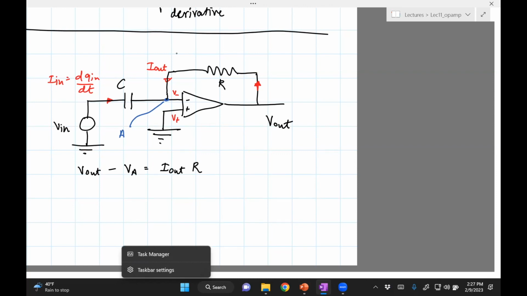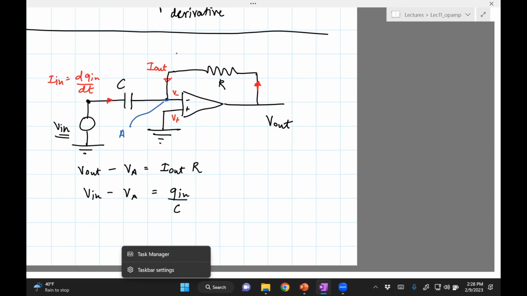V in is the potential here, and VA is the potential at the other end of the capacitor. So the voltage drop across the capacitor is V in minus VA equals Q in divided by C, since Q is C times V. Now there's a simplifying thing we can do here.